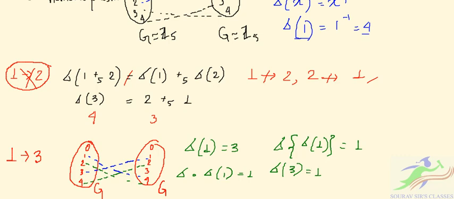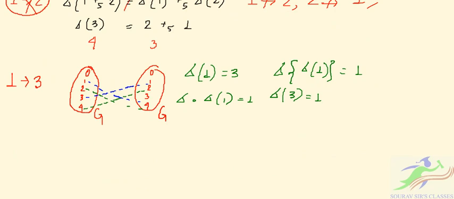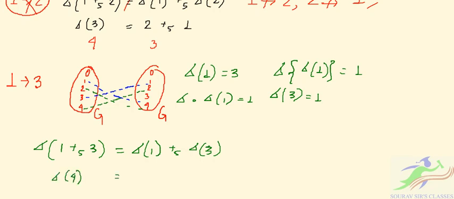Now if we go with the same approach, and write sigma of 1 plus modulo 5 3 as sigma of 1 plus modulo 5 sigma of 3, sigma of 1 we know is 3, plus modulo 5, sigma of 3 is 1, so the sum is 4 modulo 5, and the left side is sigma of 4, which is 2.